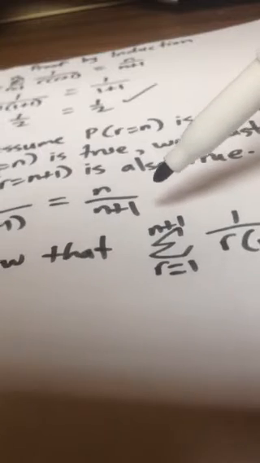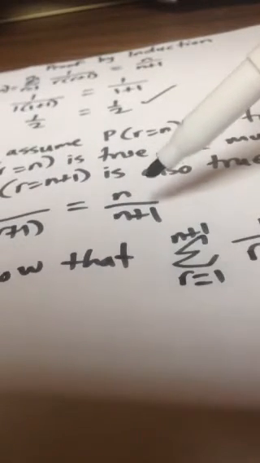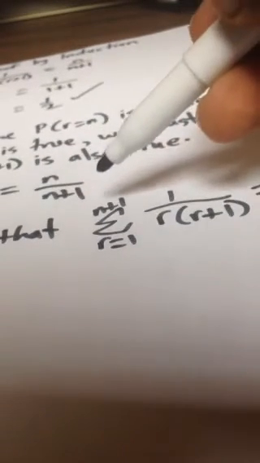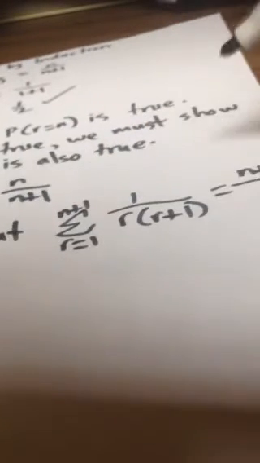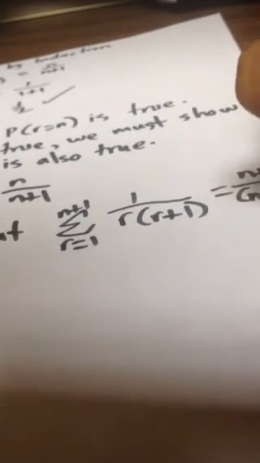And that's equal to, remember, n plus 1. So wherever we see n, we now substitute it with n plus 1. So n over n plus 1 becomes n plus 1 over n plus 1 plus 1. Good? So we have replaced n with n plus 1, which means that this is n plus 1 over n plus 2.